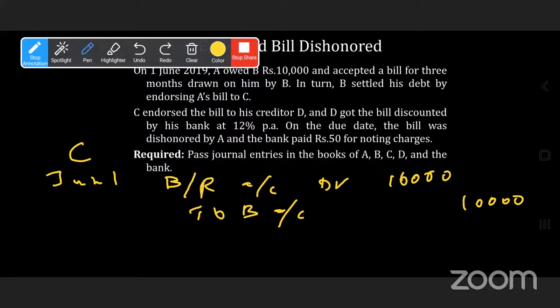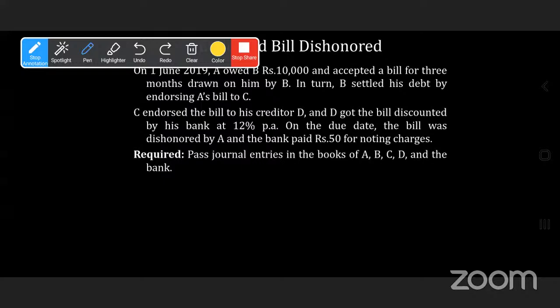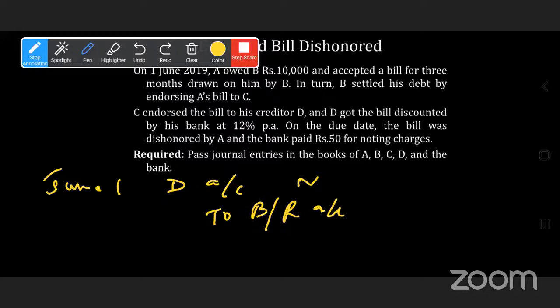Now, what did C do? C endorsed the bill to his creditor D. Now you have to write the transaction about C's endorsement to D. On June 1st, D account debit to bills receivable account.